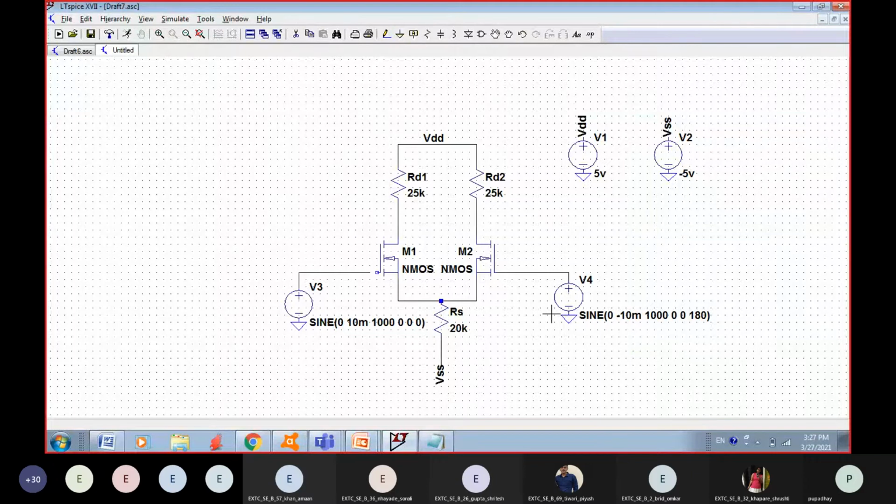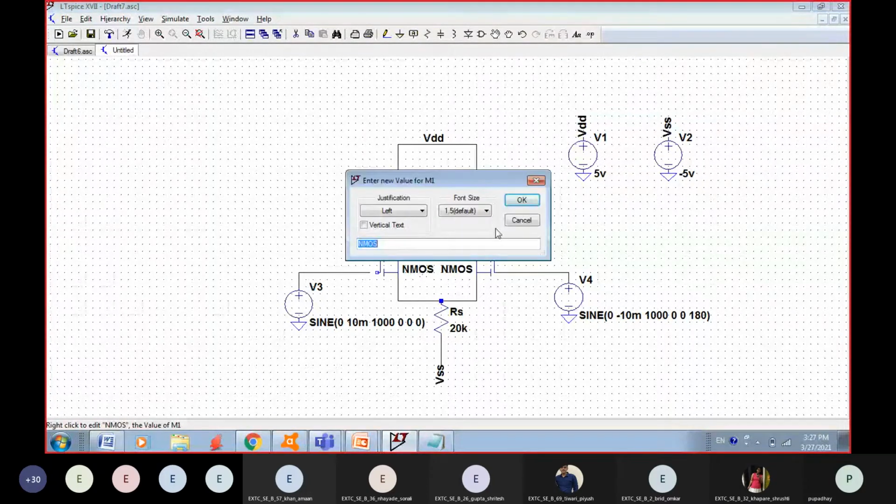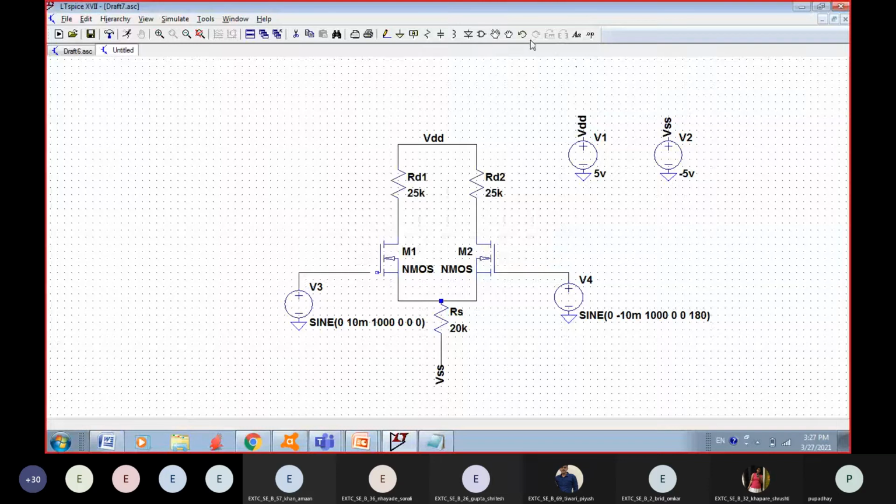Okay. And yeah, the name given to them is NMOS. So we can just give them the same name, and then we can have here a SPICE directive.